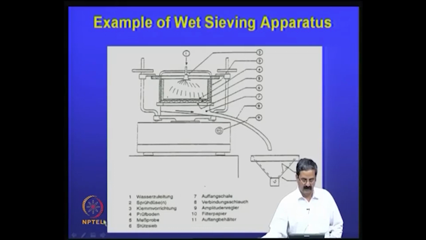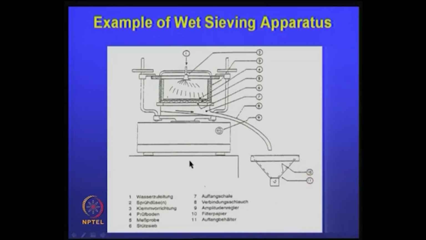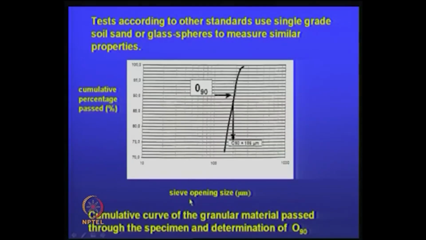Of course, this is all in German, because this is material that we get from them, and this is how it is done. Cumulative passing, say for example you have 70 to 100. So, you can see that the O90 size is this size. This is a very important one that we will be using later.